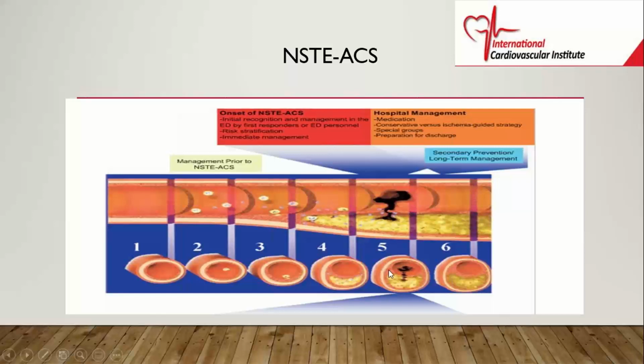If the cap of the plaque is very thin, or if the plaque contains a high lipid content, we talk about a fatty plaque. These plaques are prone to rupture, and when they rupture, they cause blood to clot on top of the plaque, and you can have partial or complete occlusion of the blood vessel.